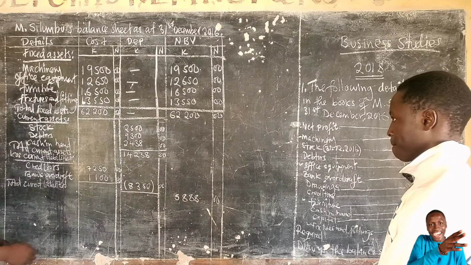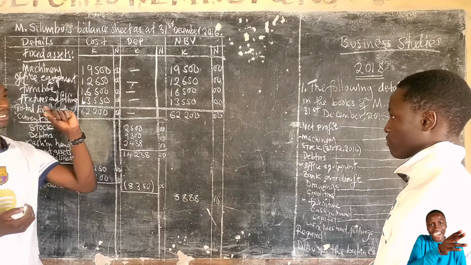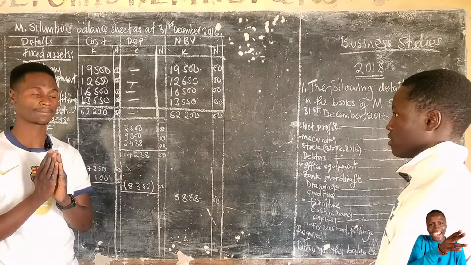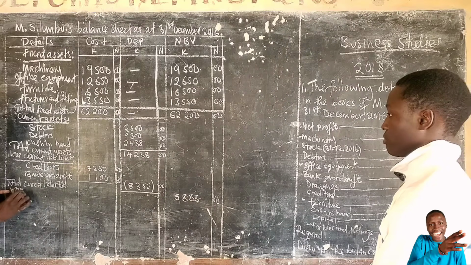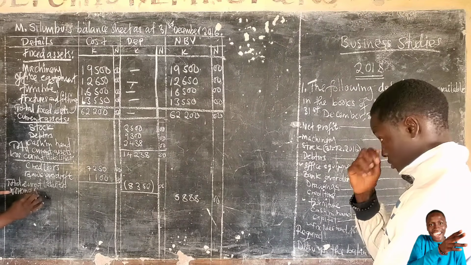Okay. What do you call that figure? The difference between total current assets and total current liabilities is known as what? Working capital.